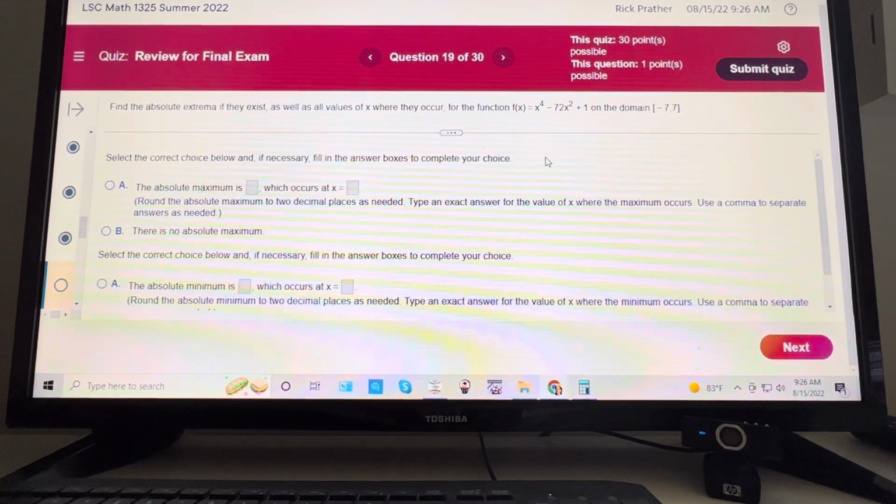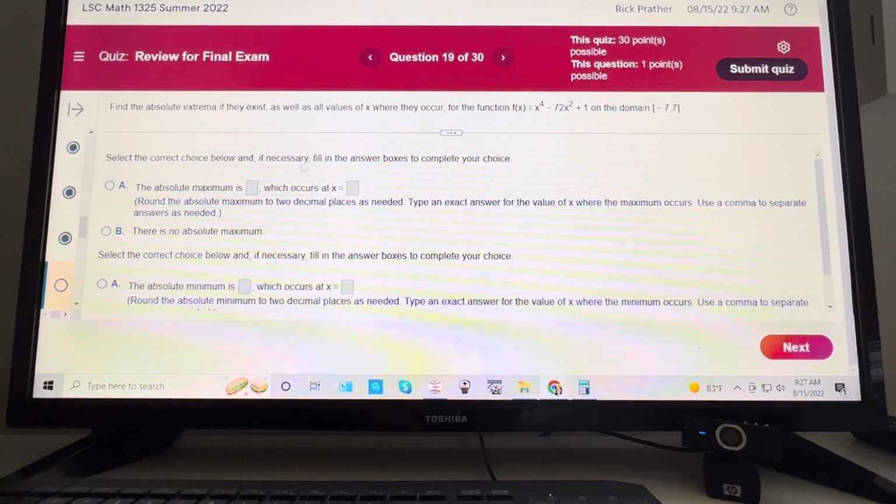Okay, the final thing of this chapter was, we talk a lot about local max and local mins a couple of different times, both with the first and second derivative test. They're very special points. But then we're also sometimes interested in absolute maxes or mins. And if you just have a graph like a line, it goes up and down forever. It doesn't have an absolute max or min.